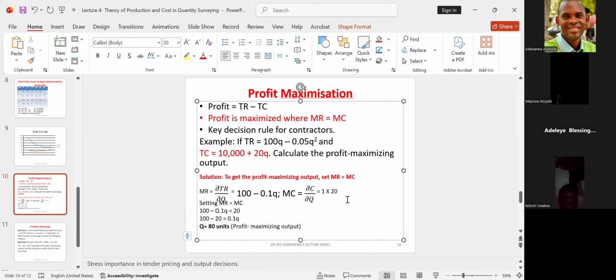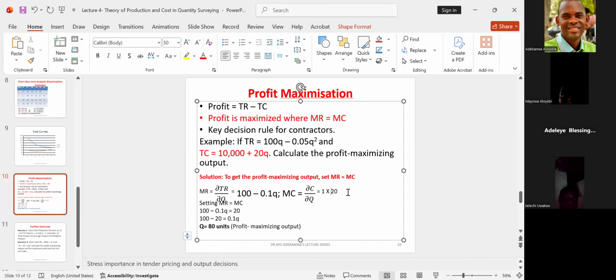Then Q raised to the power of 1, you subtract 1 from it. So it will be Q raised to the power of 0, and anything raised to the power of 0 is 1. So 1 times 20 will still give you 20. So that's how they got the marginal cost to be 20.